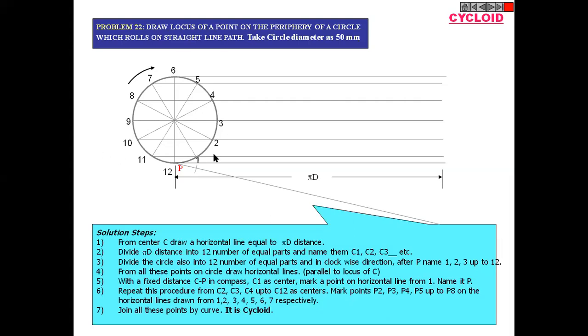For that, you have to use the compass, set any random radius, then mark on this oblique line up to the number of divisions you want to divide this line into. Our requirement is to divide this line into 12 equal parts, so mark 12 divisions on this oblique line.